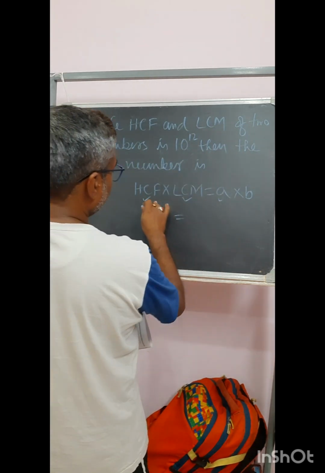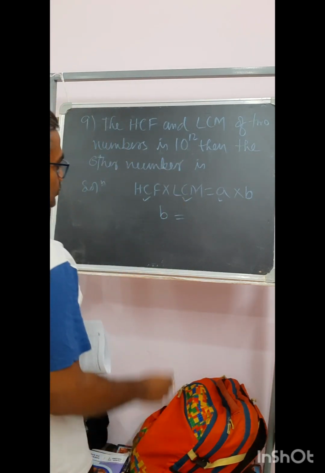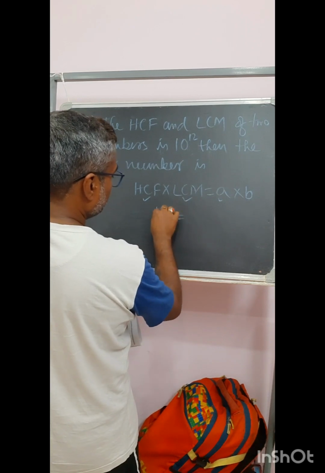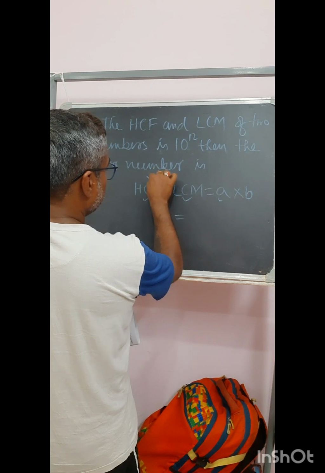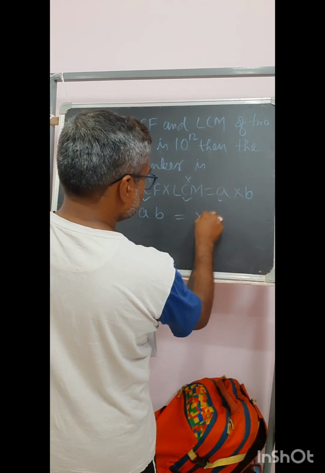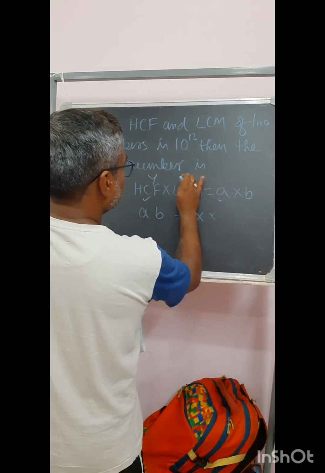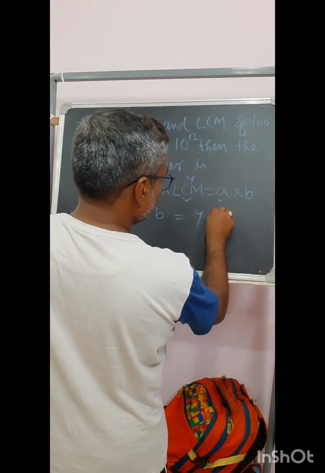Now in this case, both HCF and LCM are the same. So the probability of, because these are, let's say this is x, this is also x. Now A into B is x into x. Let's say I am taking it y to distinguish the sign. So this is y into y.